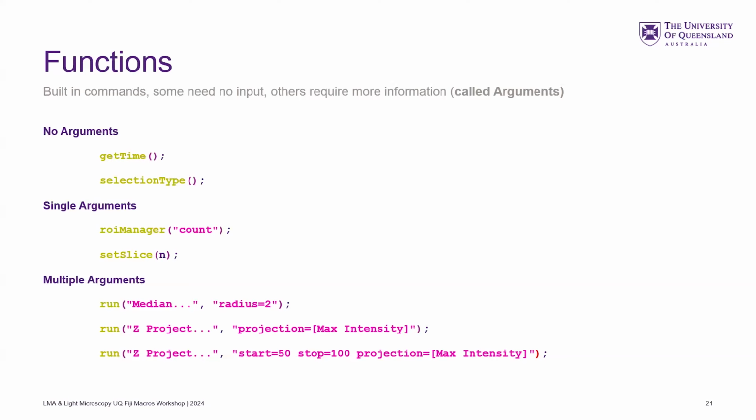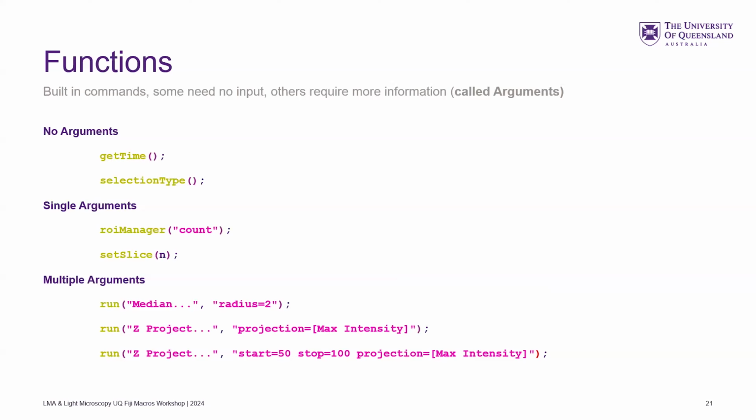And then there are things with single arguments. So the ROI manager is a command, and you can say count, and that will tell you how many things are in the ROI manager. Likewise, you might need that to run a loop, for everything in the ROI manager, run measure. So then you can get the area or something.